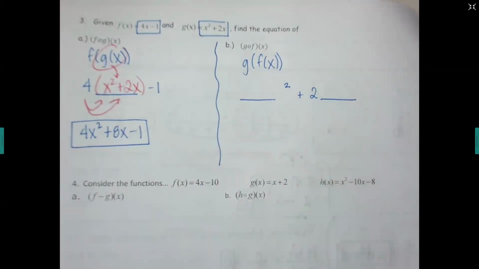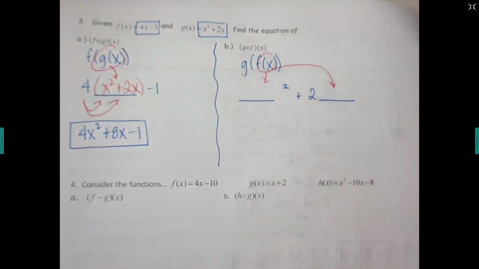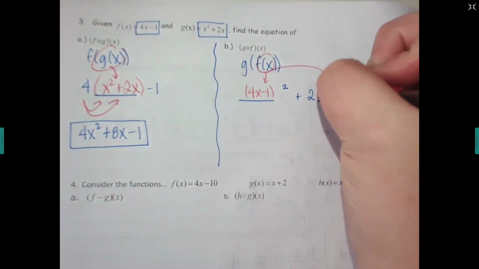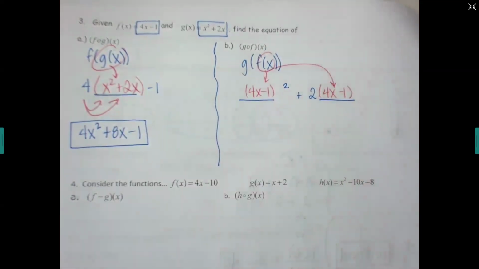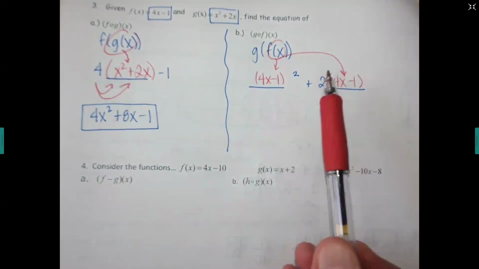And then into the blanks, I'm going to put the whole equation for F, which is 4x minus 1, here and here into both blanks. So 4x minus 1 here, 4x minus 1 here. You do have to put parentheses because of the squared.